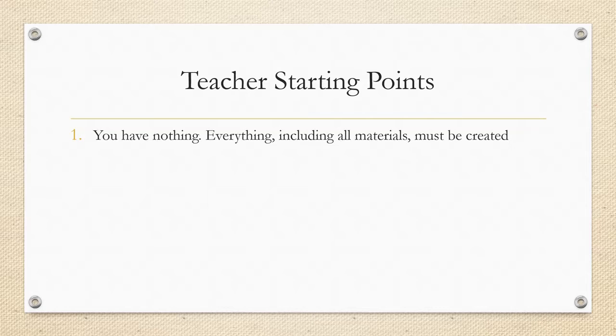In this case, you would have to create all your materials, or select a textbook, which would provide some of it, but you have nothing selected at the beginning. In some of these cases, you may not be able to buy a textbook. You might work somewhere where textbooks are outside of the budget. You've got to create everything that's going to be used.